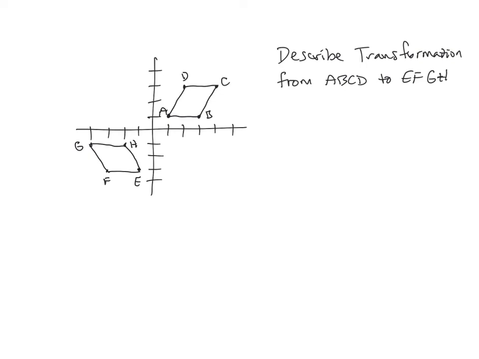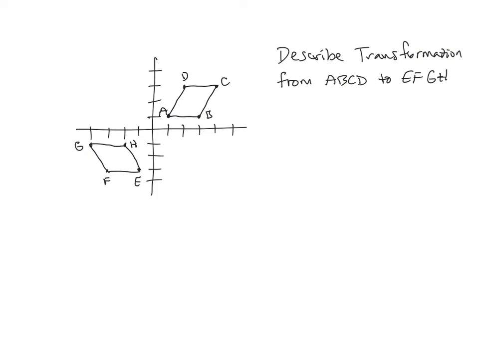So right now, they're not oriented the same way. The top one slants to the right and the bottom one slants to the left. So that means I have to do either a rotation or, excuse me, a reflection.